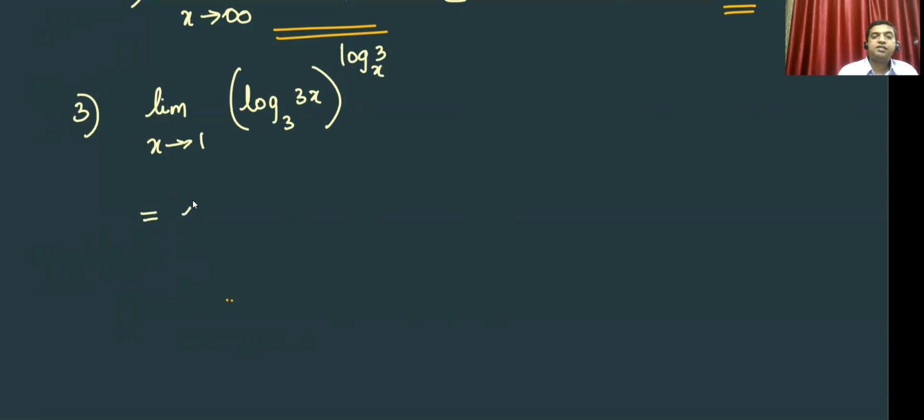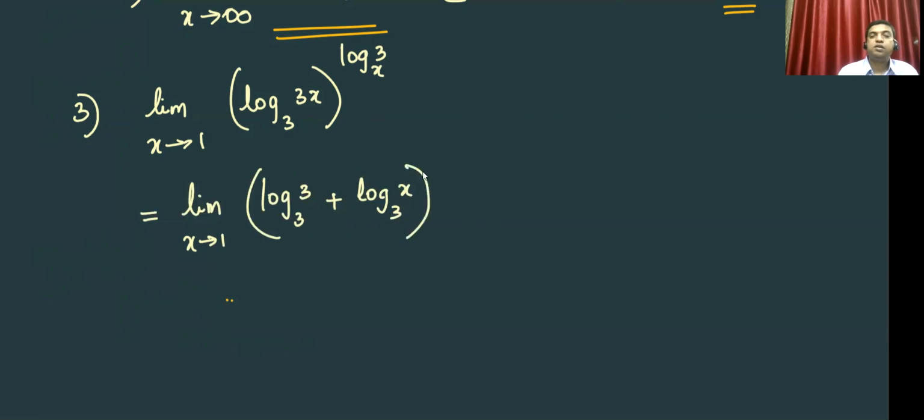We will write this as limit x tends to 1. This is log a b is log a plus log b. So log 3 to the base 3 plus log x to the base 3, to the power log 3 to the base x. So it is 1 by log x to the base 3.